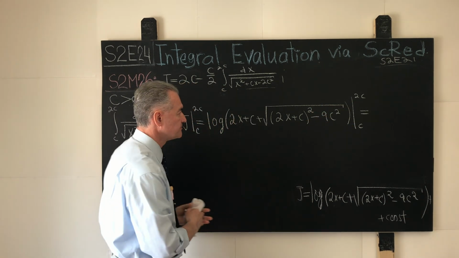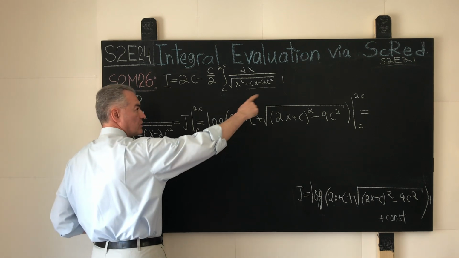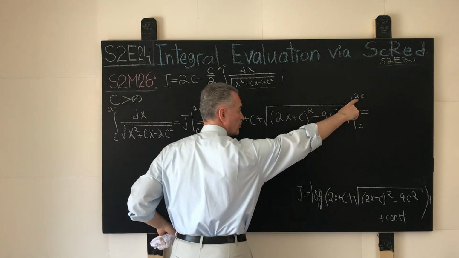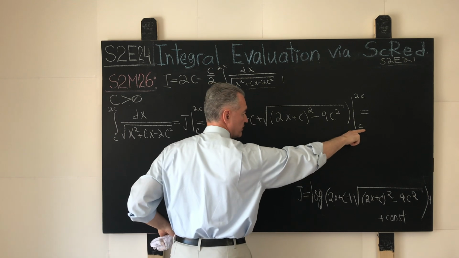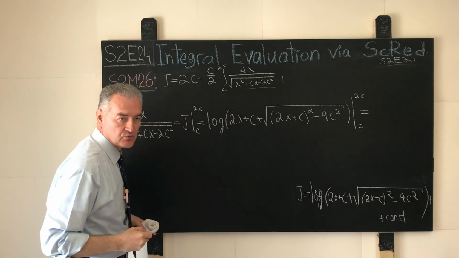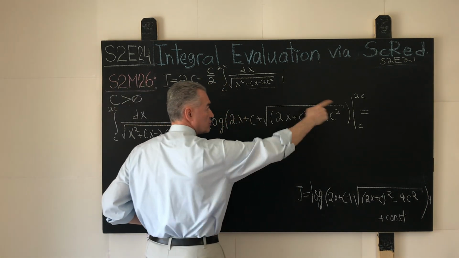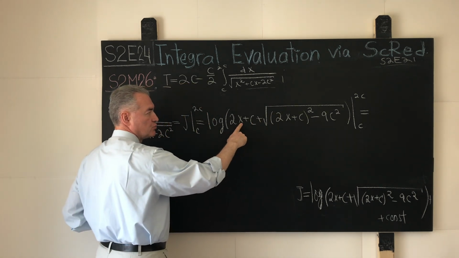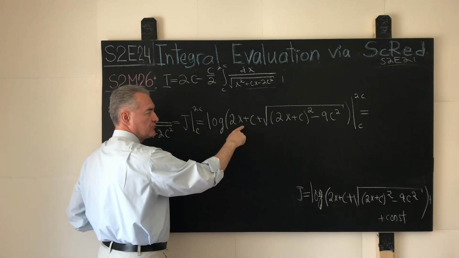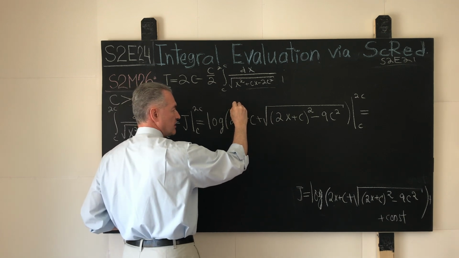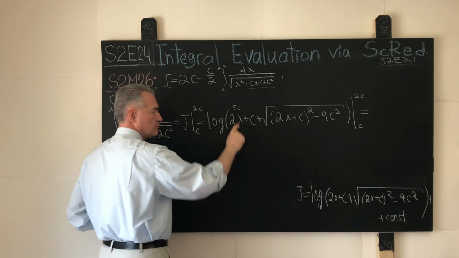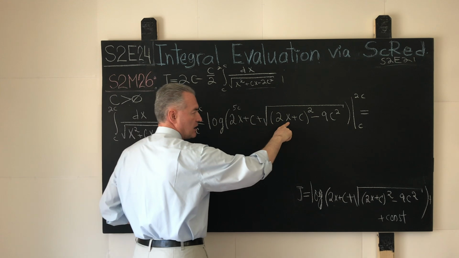Let us do that together. On the top, we'll carry out the computation associated with 2c. On the bottom, we'll carry out the computation associated with c. So when x is equal to 2c, 2 times 2c is 4c, 4c plus c is 5c. So let's write it down so that we do not forget, 5c.